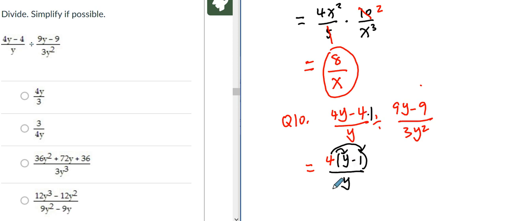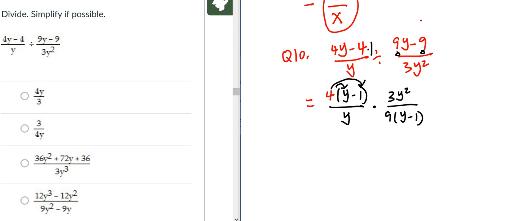Now here we keep y. Flip. Change the division to multiplication. Upstairs is 3y squared. Downstairs you pull 9 out. So you then have a 9 times y minus 1.